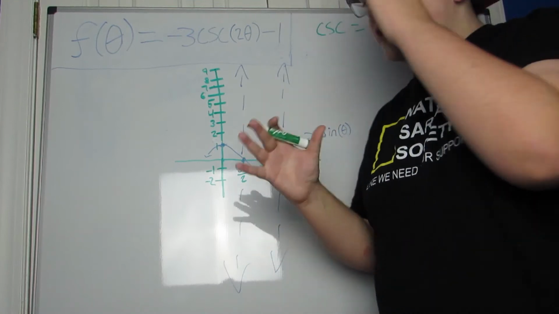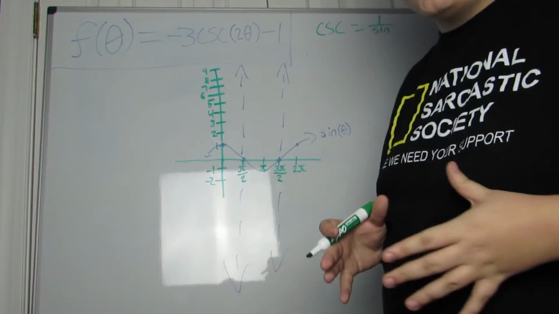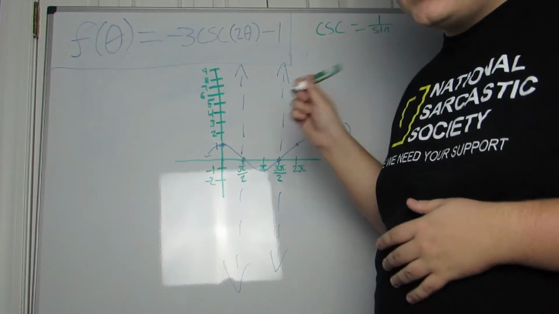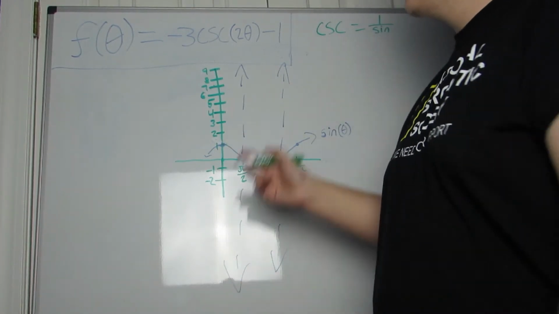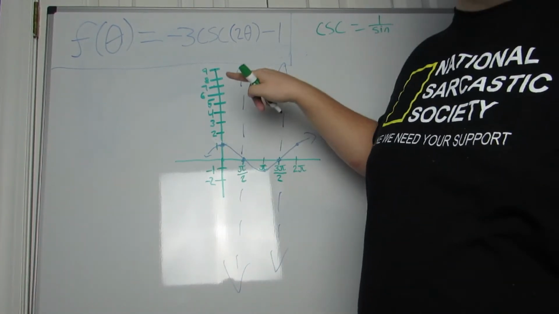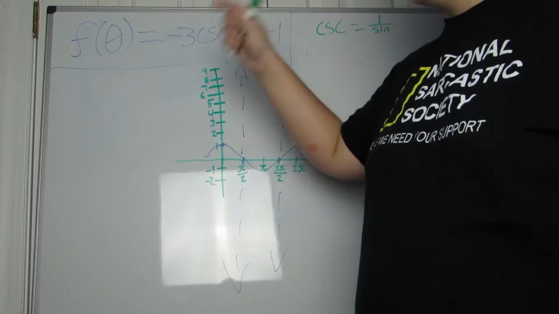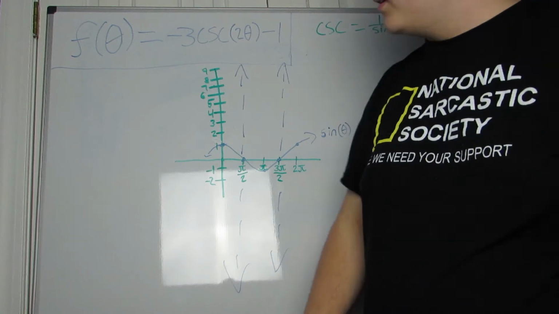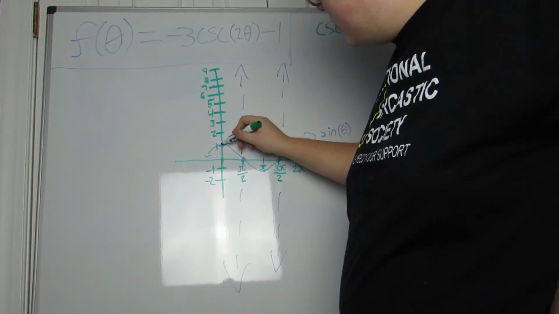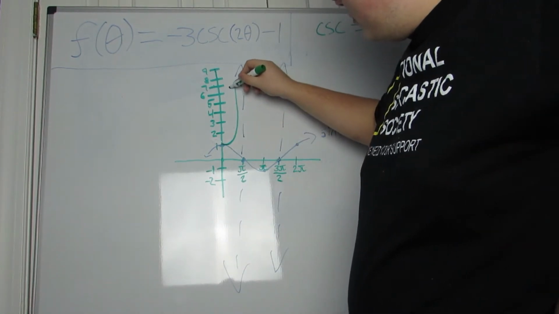The resulting graph of cosecant of theta would be the opposite of the shape of sine of theta: where the graph of sine goes up, it goes down, and where it goes down, you see it going up. So over here you would see it curve upwards.